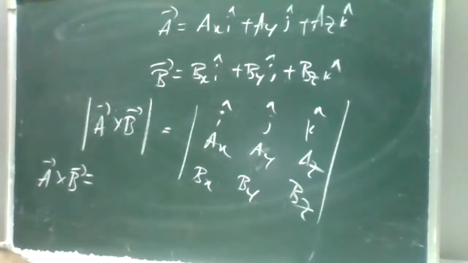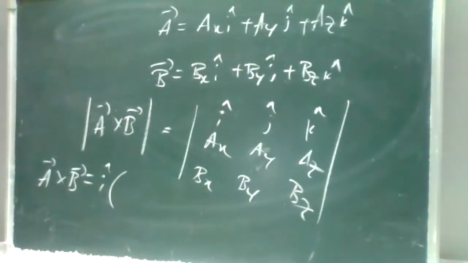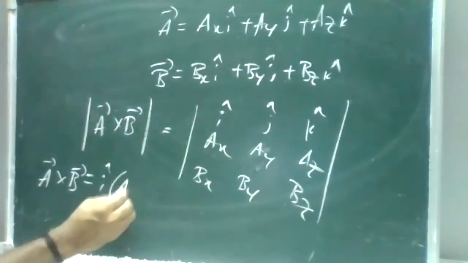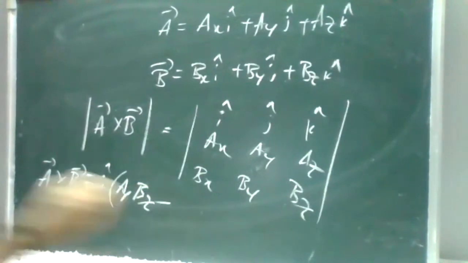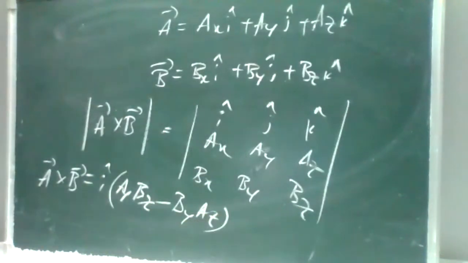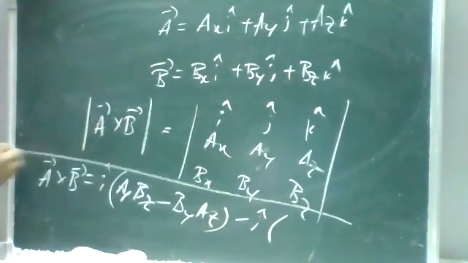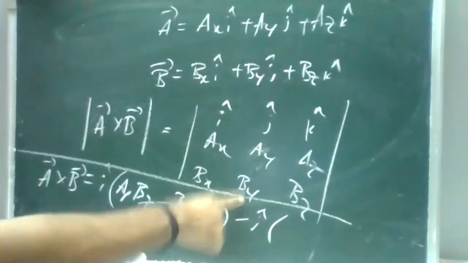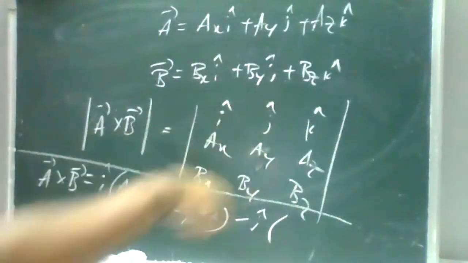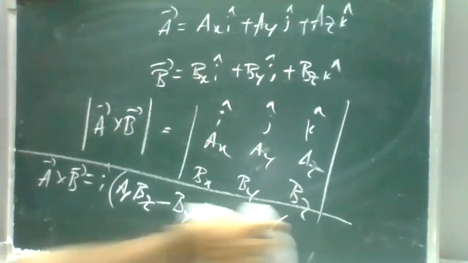So the final relation is i cap into AY BZ minus BY AZ, then minus j into, the relation was, I remove the row and column, so it is AX BZ. I'll write it in the upward direction.